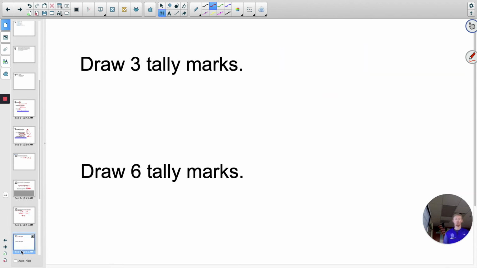All right, tally marks. You've seen tally marks before as well. So if I draw 3 tally marks, they're just like that, 3 vertical little segments there. Once you get to 5, the 5th tally mark you do sideways. So if I'm drawing 6, 1, 2, 3, 4, number 5 goes across, 6.